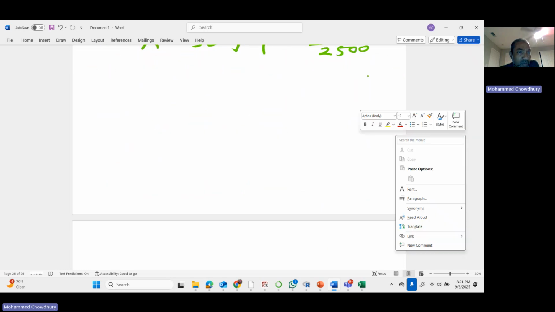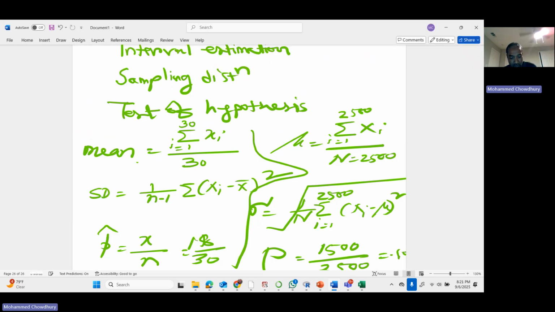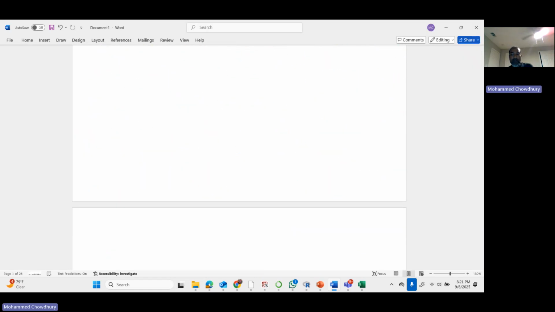Okay. Let me go there and take that one. So if I want to take that one, now I want to find the interval estimate. How can we compute an interval estimate?